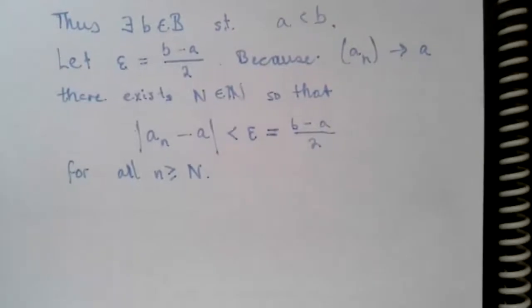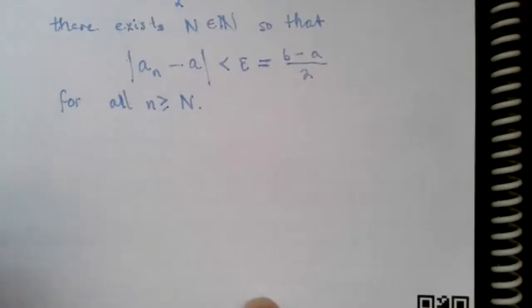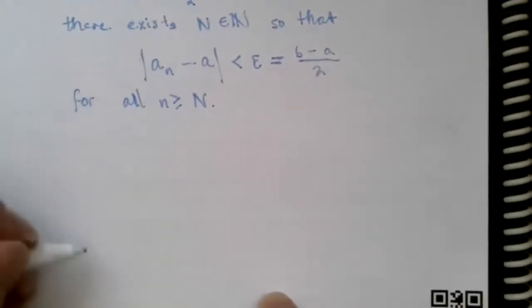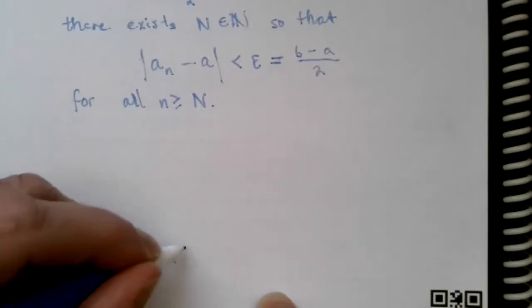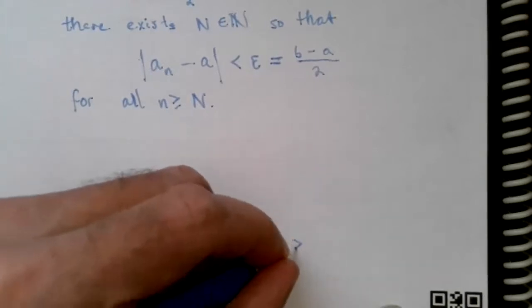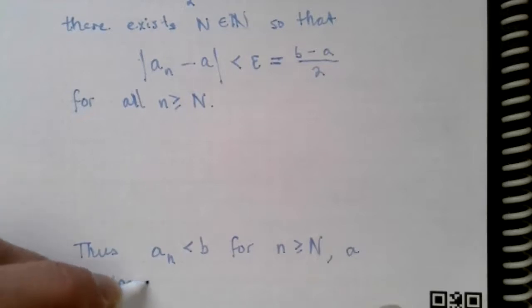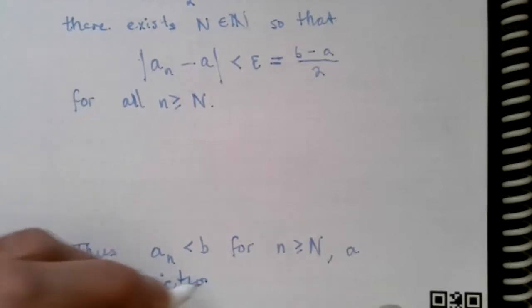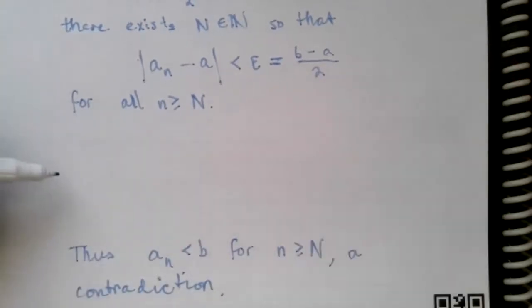Now, remember that we've got the conclusion that we know we're going for. I want to be able to say thus A sub n is less than B for n greater than or equal to capital N. A contradiction. Now I can't quite say that yet because I need to establish why this is true.